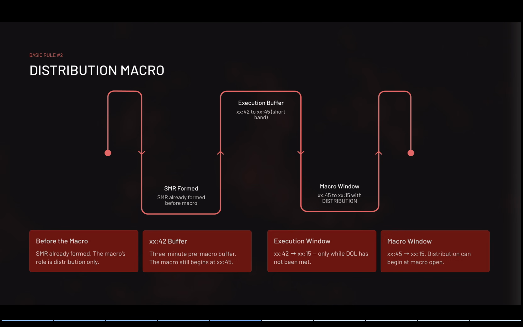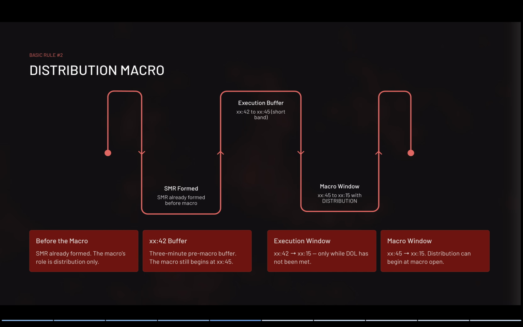Now let's take the second situation. The smart money reversal forms before the macro begins. As the macro approaches, the reversal structure already exists. The macro did not create that reversal. Its only job is to distribute. That makes execution very time sensitive, and my execution window goes to XX42 to XX15, provided of course that the drawn liquidity has not been met.